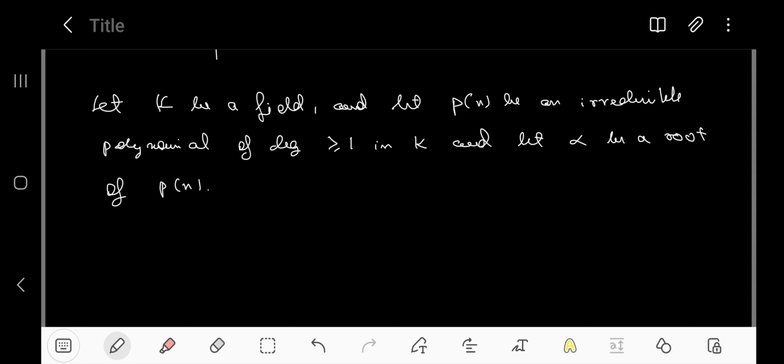Now since P is irreducible in K, it is obvious that alpha, being a root of P(x), is not in K, right?